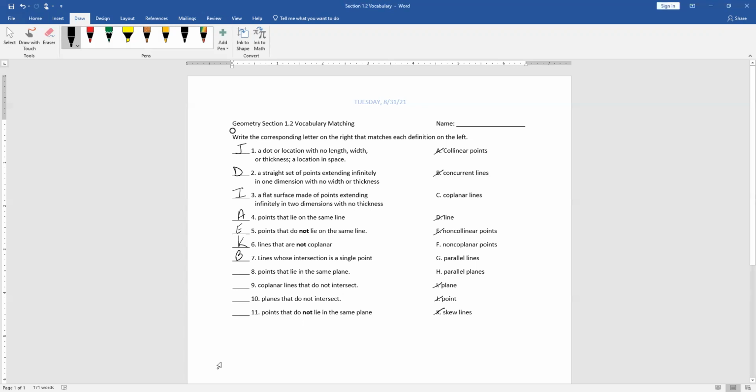Is C. Coplanar points are points that lie on the same plane. And coplanar lines are lines that lie on the same plane. So I think I forgot coplanar points. Just change that to points. Sorry.